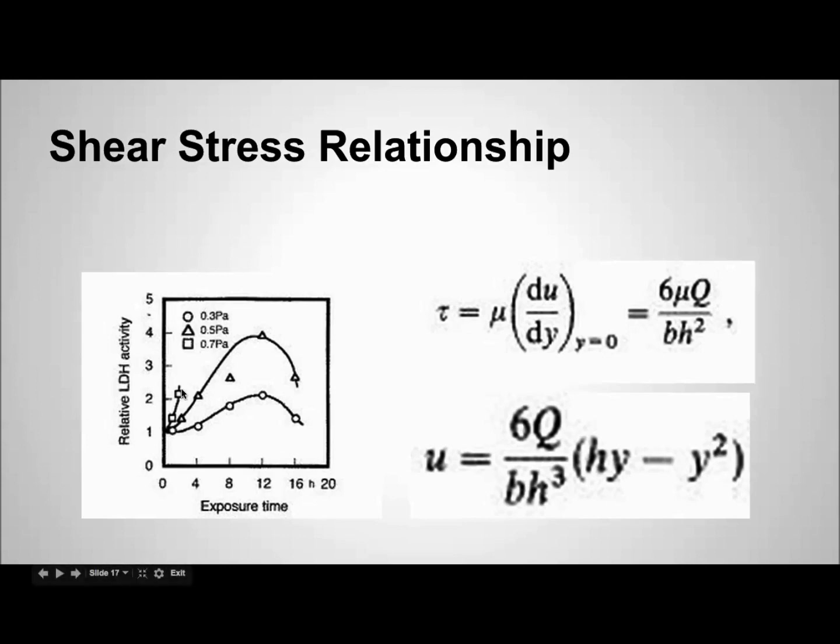So what I've done here is I've taken the slope of this relative LDH activity. That's actually an enzyme in our cells. I've taken the slope of this over time, and I've actually scaled our population rate based on these values. But again, I'll show that a little later on. Here's a shear stress here, and this is the velocity that we eventually have to plug into shear stress to get the volumetric flow rate Q.